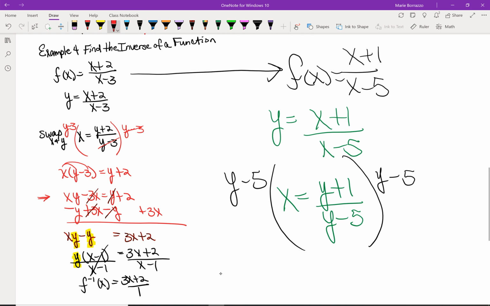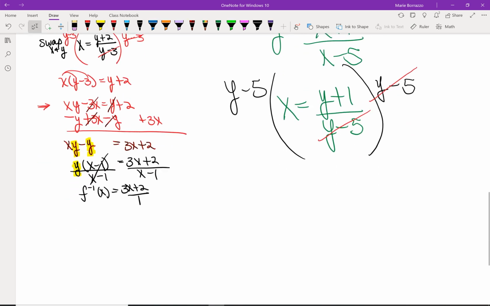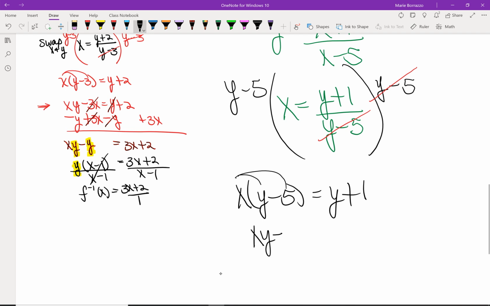Notice that the y minus 5 will cancel here on the right hand side. We are left with x times y minus 5, and this is equal to y plus 1. Okay, again, remember at this stage I'm distributing the x to get xy minus 5x is equal to y plus 1.